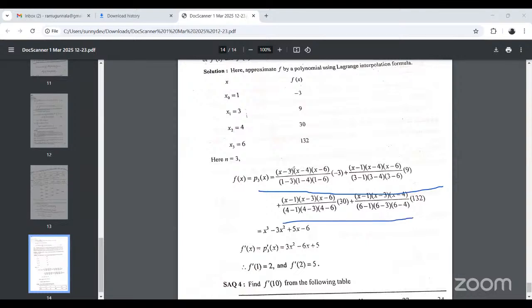x minus x1, x minus x2, x minus x3 by x naught minus x1, x naught minus x2, x naught, and f of x naught. The f of x naught value is 3. Okay. So this type of questions they will ask in the examination.